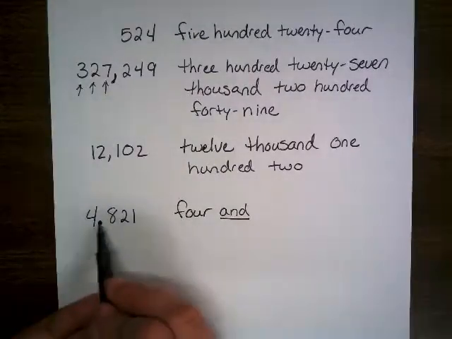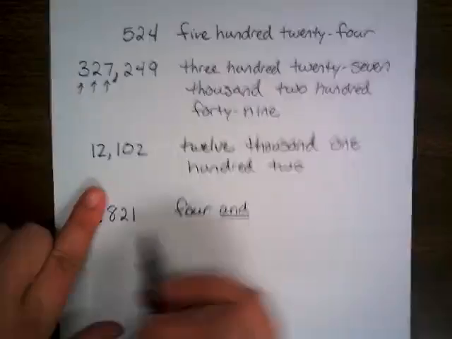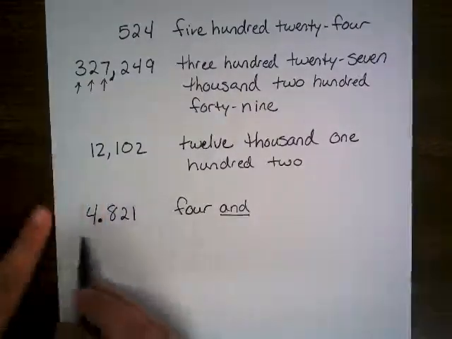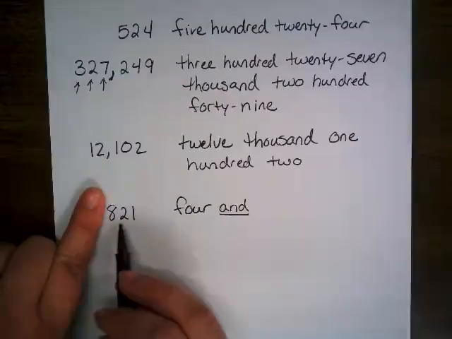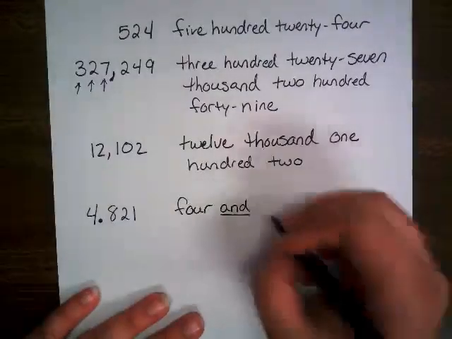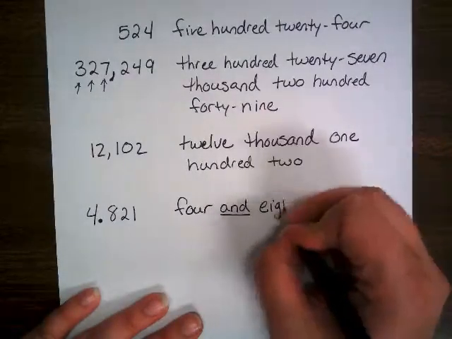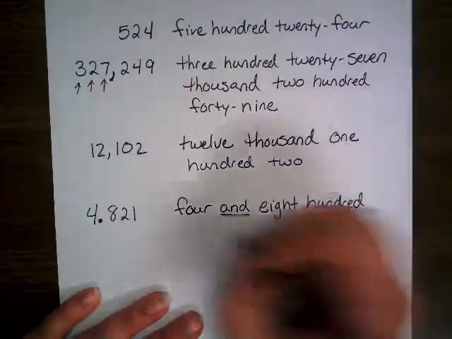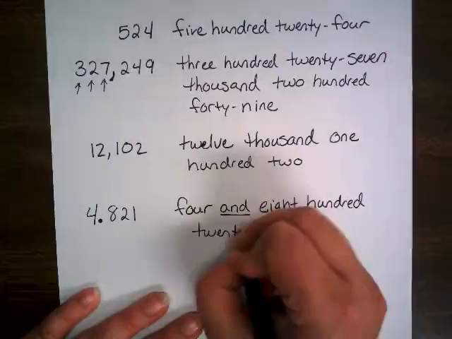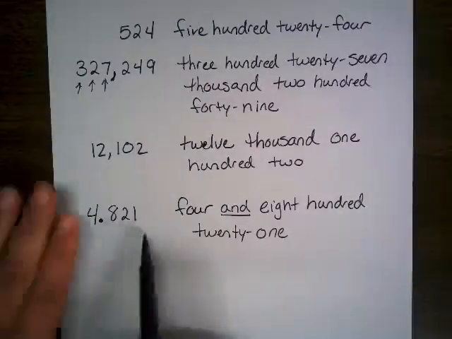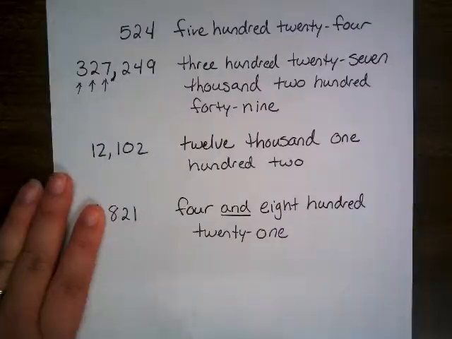So I have 4 and then I'm going to look at this group of 3. How would I read this group of 3 like normal? See, I'm covering it up. I see 821. So I have 4 and 821. Now I have to be careful here. Is this actually worth $821?